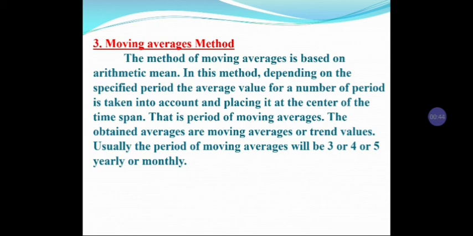The obtained moving average, or trend value, usually has a period of 3, 4 or 5, yearly or monthly. They will ask us to do the moving average for 3, 4 or 5; usually these three are asked. If they ask for 3 years, you will add 3 years of data, for example production or sales, in the second column. The first column will be the year; in the second column is whatever they give.